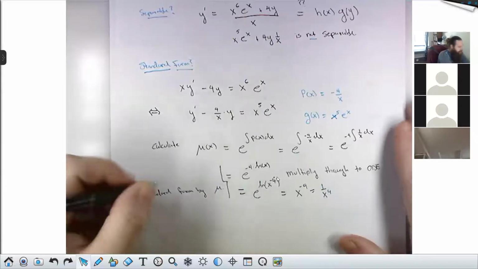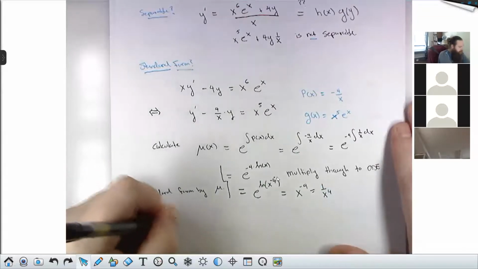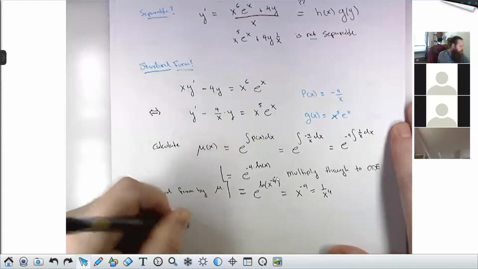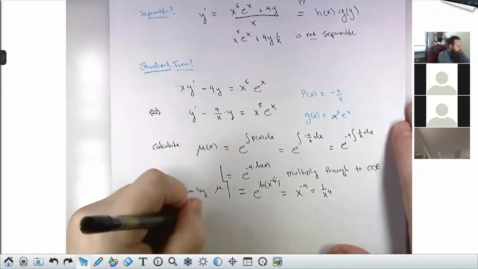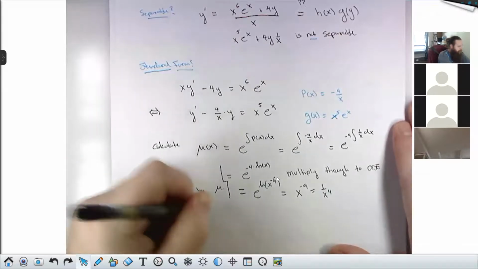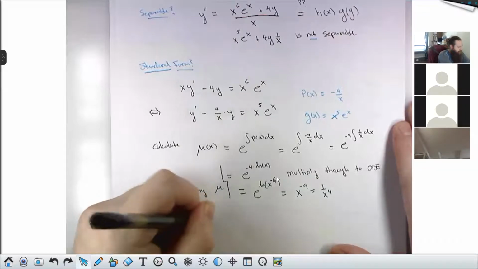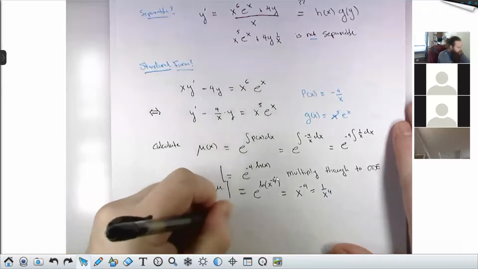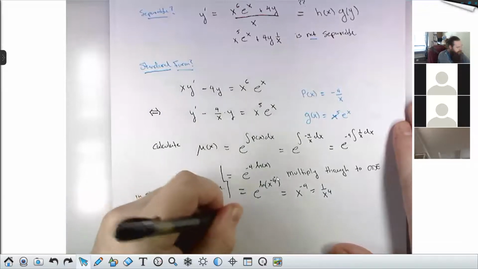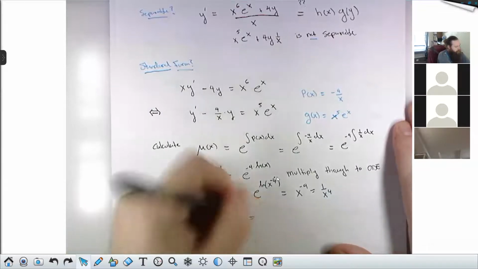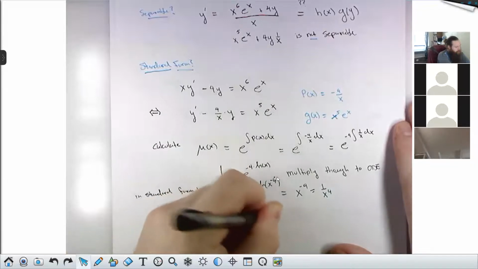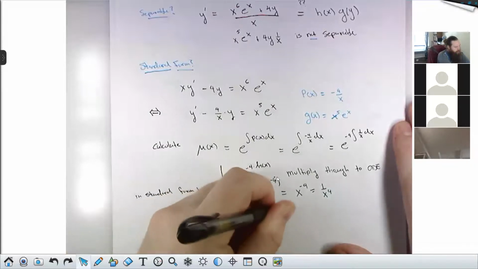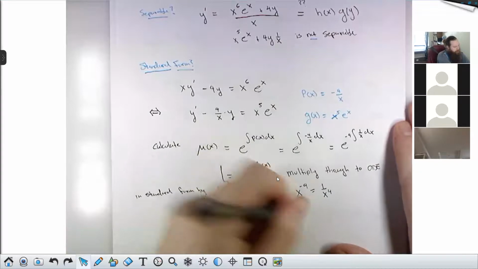So I'm going to multiply through by this. I get 1 over x to the 4 y prime minus 1 over x to the 4 times 4 over x times y equals 1 over x to the 4 times x to the 5 e to the x.